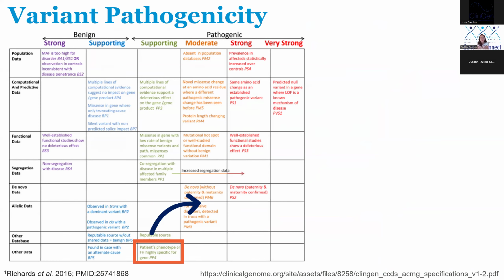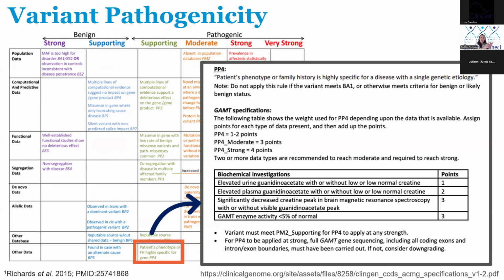They are made to be broadly applied to a lot of genes. So what our variant curation panel experts will do is take these guidelines and flesh them out. They will provide more detail, more context on what pieces of information can go into it.